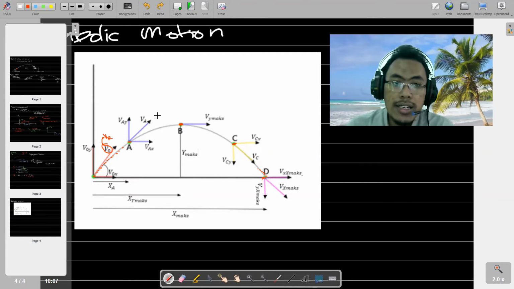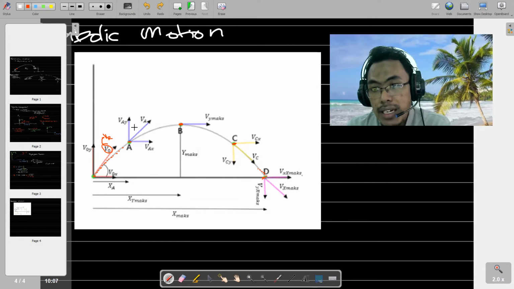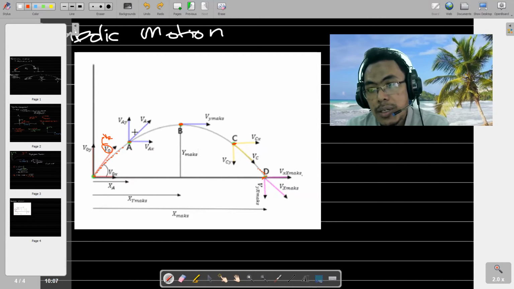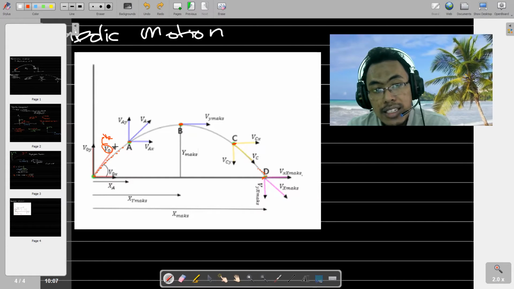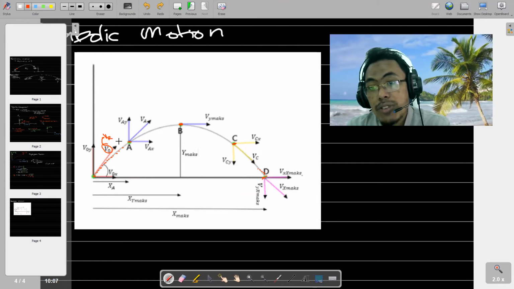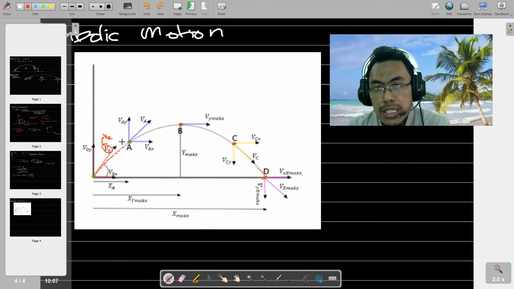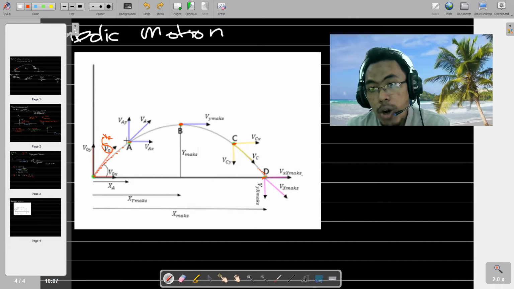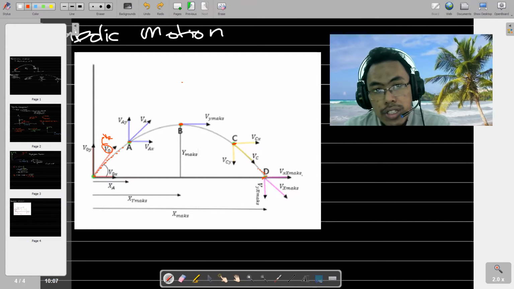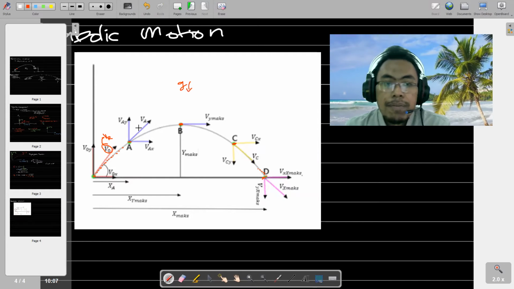Jadi arah kecepatan di titik A itu akan berubah, tidak sama seperti arahnya di sini, karena ada pengaruh gravitasi, due to the gravitational force, the interaction between the object and the G force.